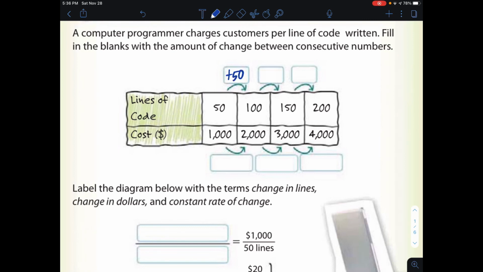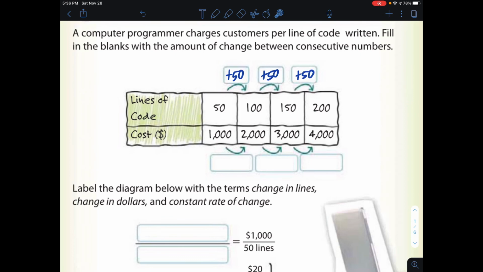From 100 to 150, another change of 50. And from 150 to 200, another change of 50. So you can see that the change for the lines of code will be plus 50 every single time.